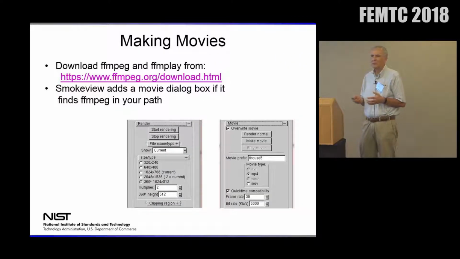Now I want to spend a few minutes on making movies. Basically, I don't want to reinvent the wheel, so there's a public domain program called FFmpeg that is pretty good, and it's available on the PC, Mac, and Linux platforms.